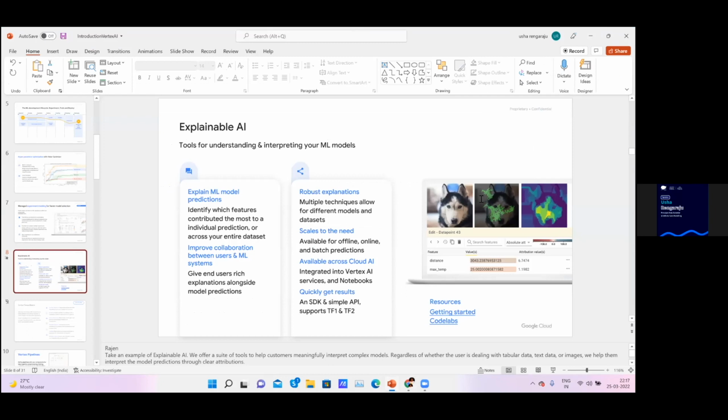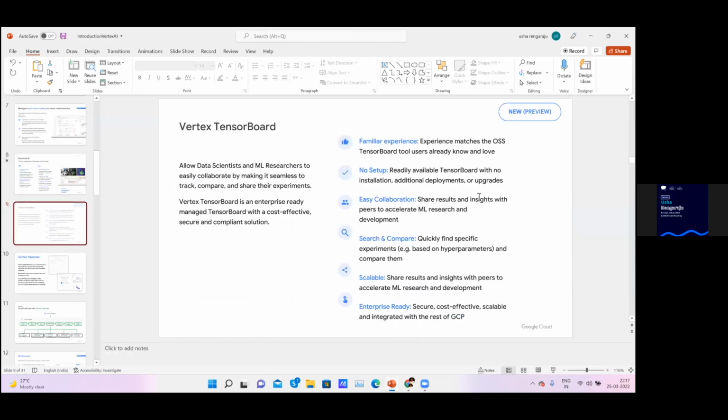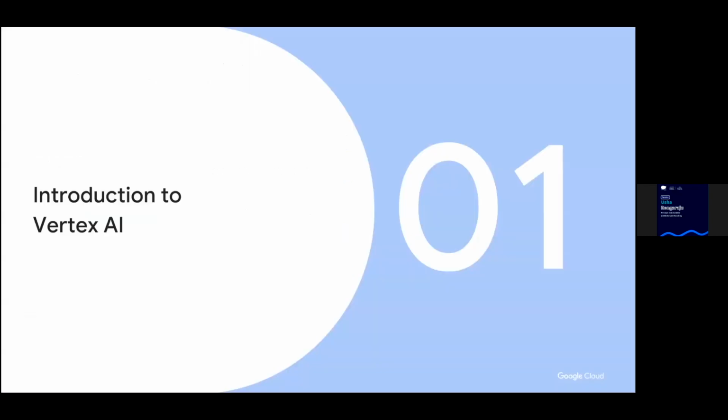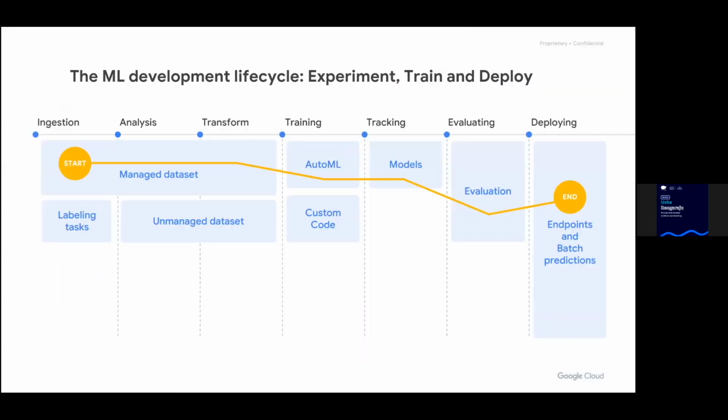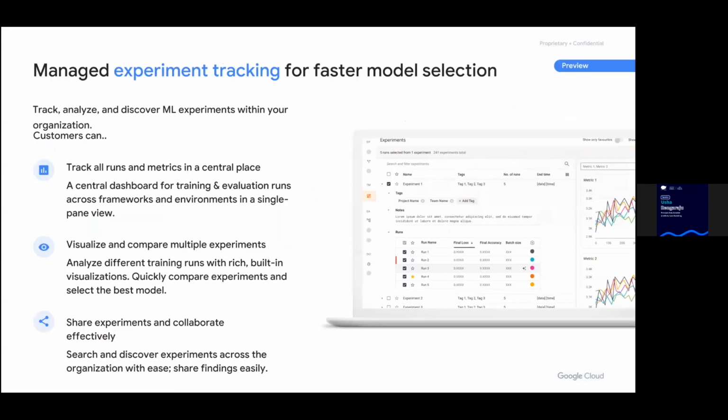The next feature is going to be Vertex TensorBoard. Most of you would have used TensorBoard in your Colab or in your Kaggle competitions for experiment tracking. It is very easy to visualize your loss functions, hyperparameters, and all of it in TensorBoard.